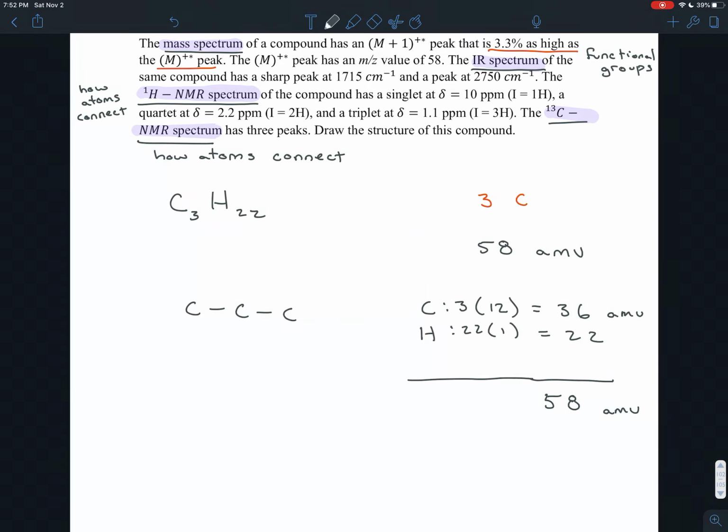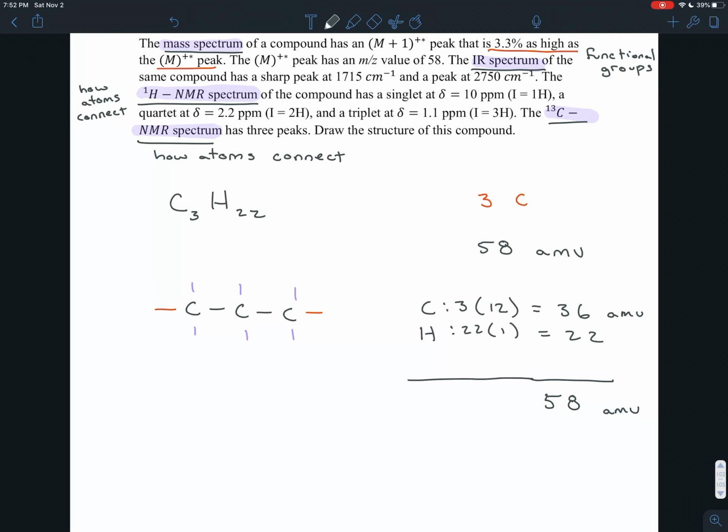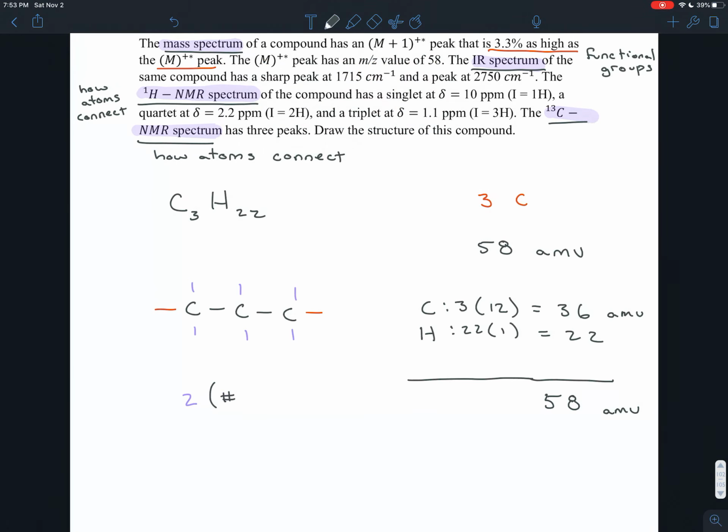3 carbons have a maximum of 2 times the number of carbons plus 2 hydrogens. So the maximum number of hydrogens you can have is 2 times the number of carbons plus 2.